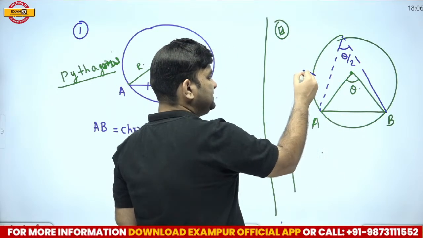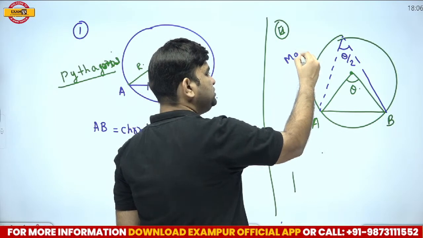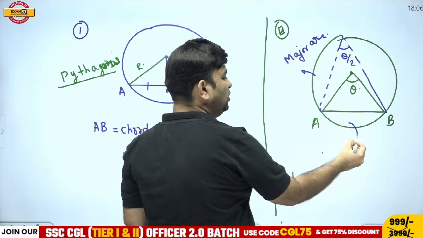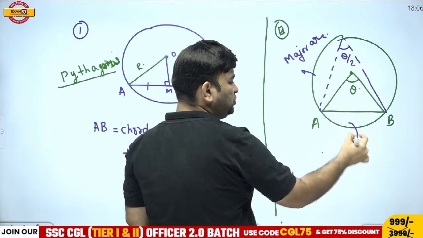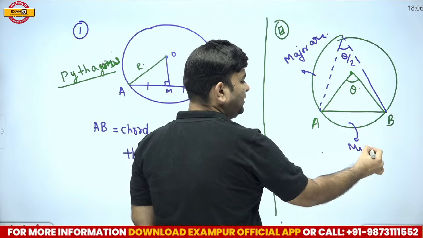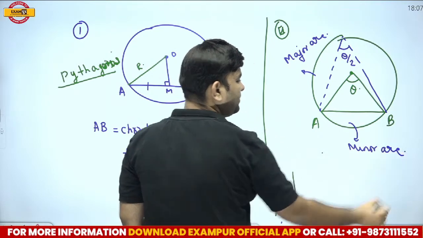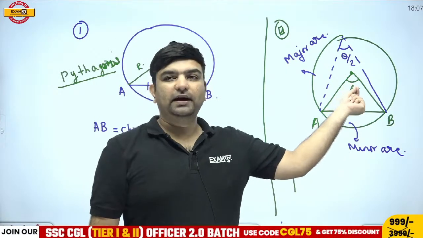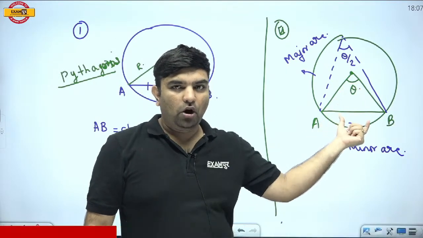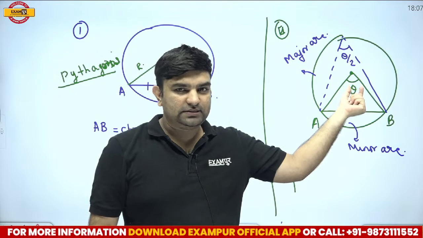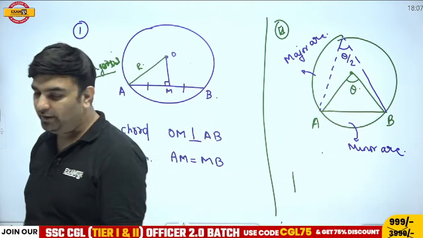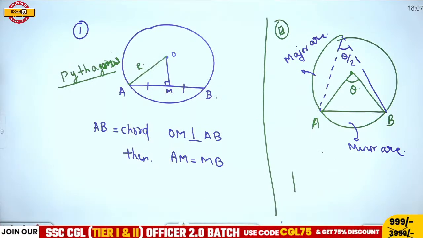Guys, this upper, larger portion is called the major arc, and this lower, smaller portion is called the minor arc. So it will subtend its half, that is theta by 2, at the circumference in the major arc.